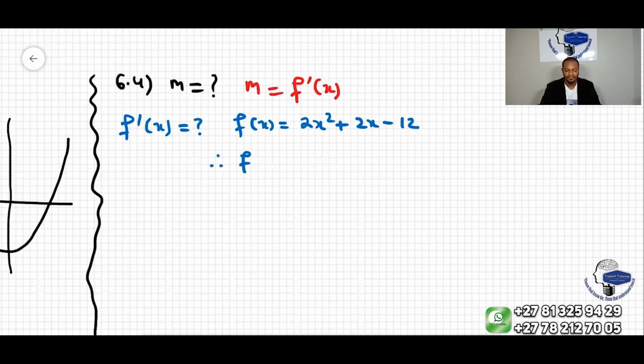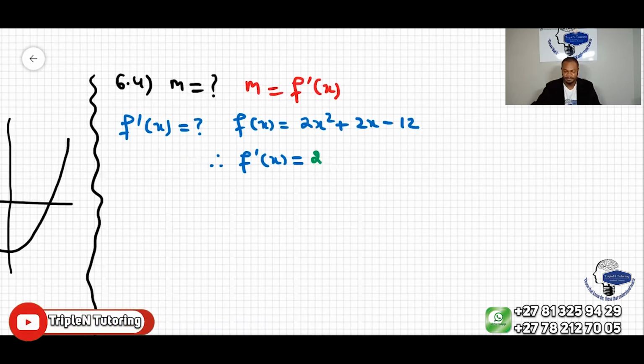Therefore, f prime of x will be, so the coefficient and the exponent over here.